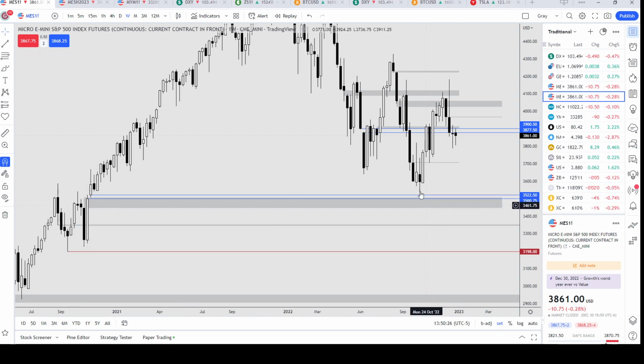What I want to see is a complete fill of this fair value gap, and I think from this area we may find a quarterly bottom. I'm not too sure, but we may find a quarterly bottom and pump it back up, but that's too far a stretch, so I'm not going to forecast that far.